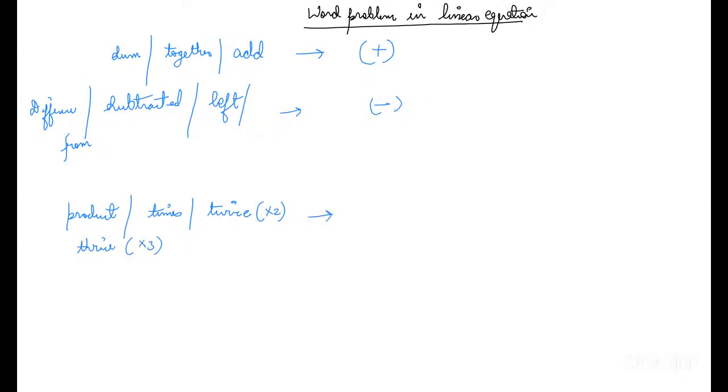If it is like this, then you have to multiply. And if quotient is there, or half, half basically means divided by 2, then you have to divide.